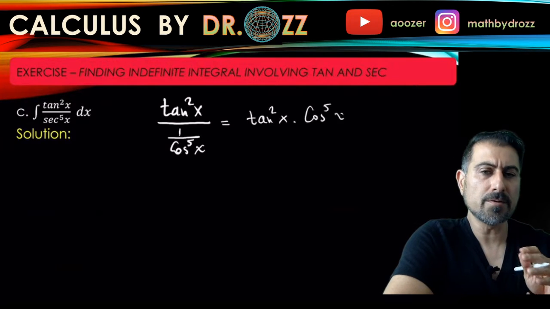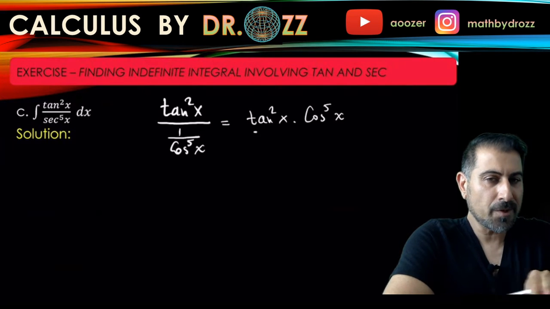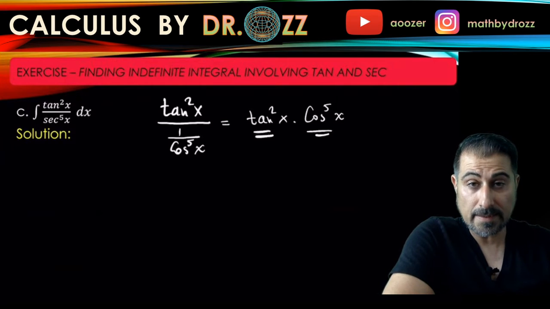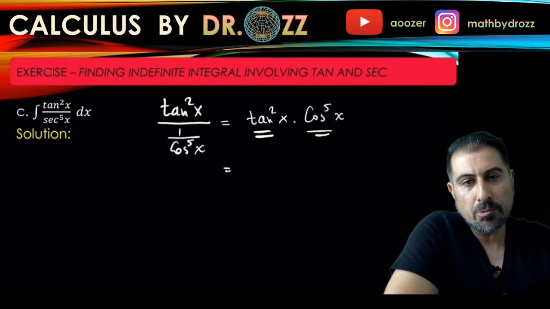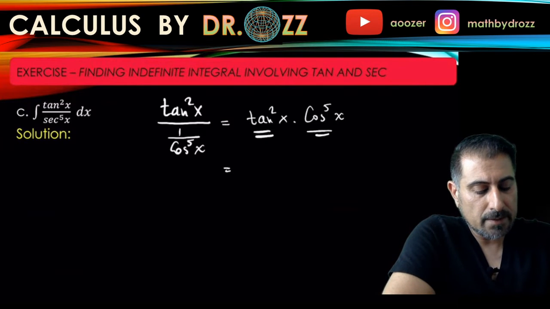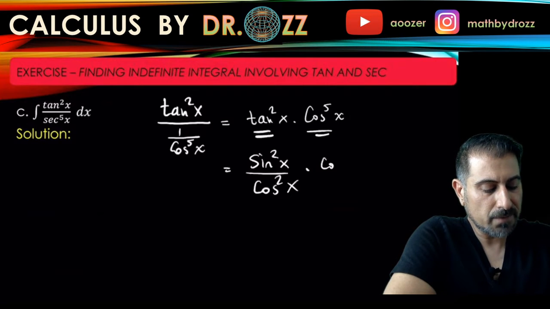Okay, so now I don't like the way I write this in terms of tan and cotan, so let's write everything in terms of sine and cosine. So I'm going to use the definition of tan this time from trig. Tan squared is sine squared x over cosine squared x. I'm multiplying that by cosine to the fifth x.